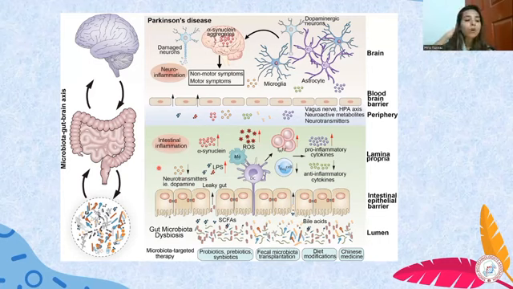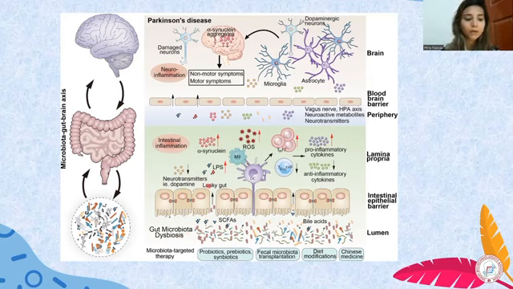So what are the consequences in the pathophysiological condition of the disease? In the intestine, the epithelial barrier that lies inside your intestine becomes leaky. So the intestinal permeability gets altered due to the imbalance in gut microbiota.